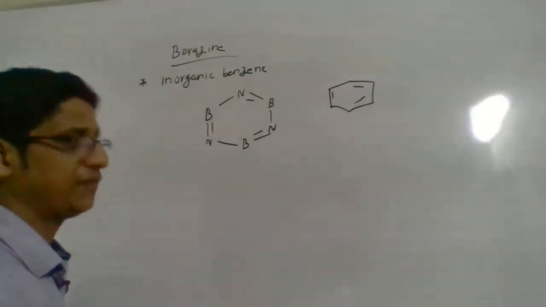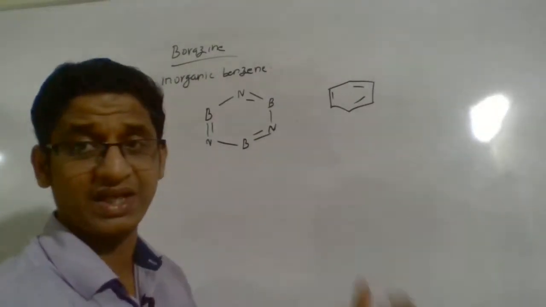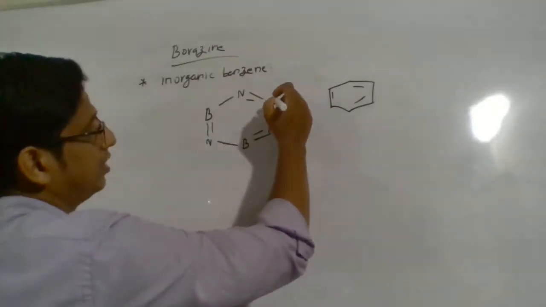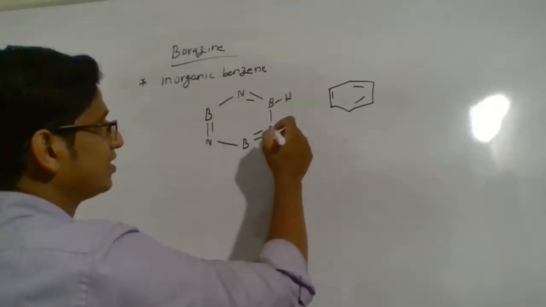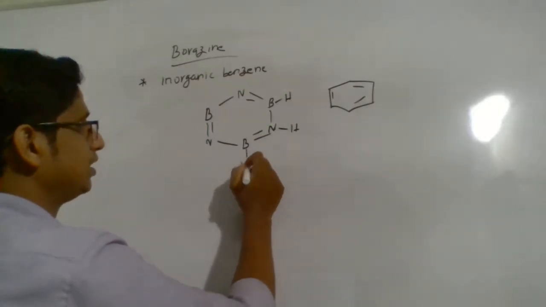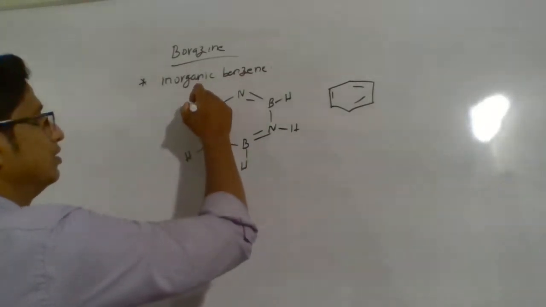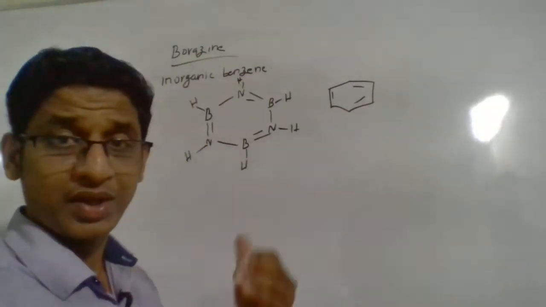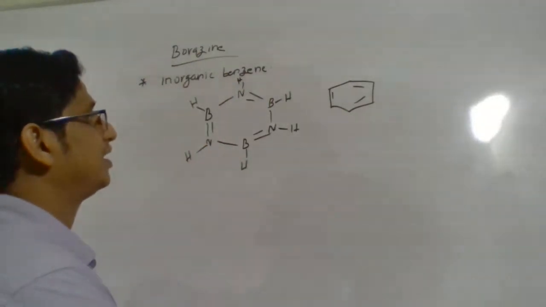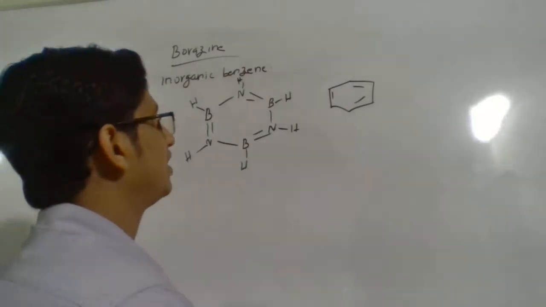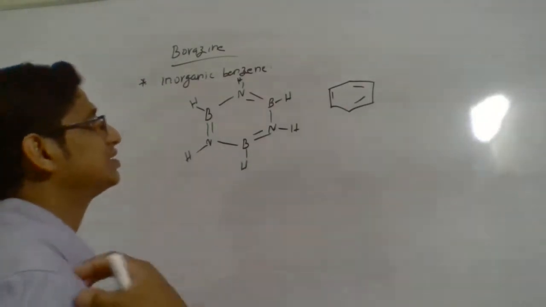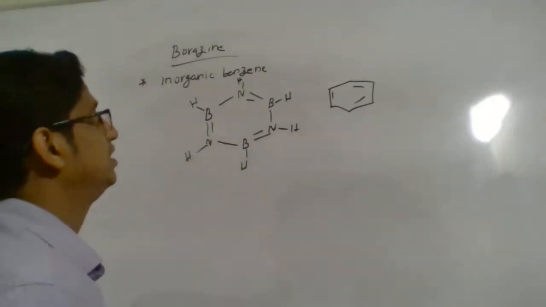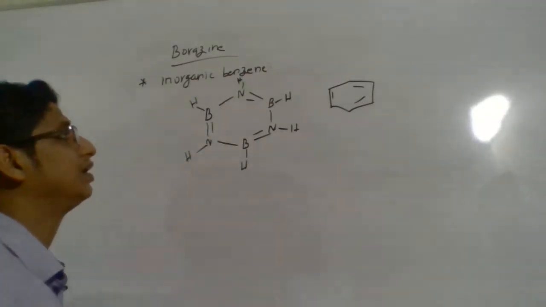So what's the basic difference? In benzene every atom is carbon, and a hydrogen atom is definitely there. In this Borazine, you will see boron and nitrogen in alternating positions in the ring system, with a hydrogen atom attached to each ring atom.